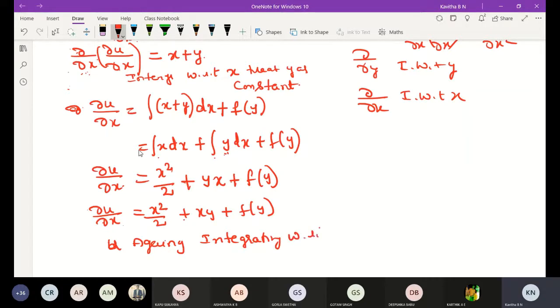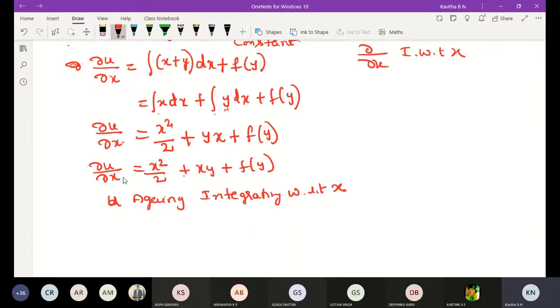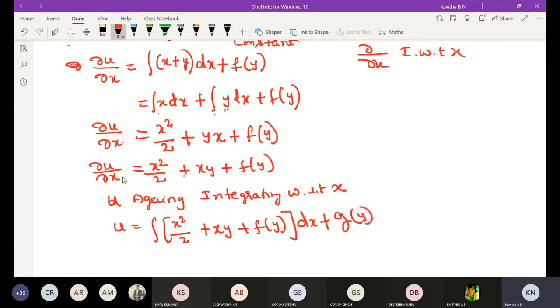Then u is equal to the integration of (x²/2 + xy + f(y)) dx plus, in place of k we have to write g of y. Understood? In place of k we write g of y, since y is a constant term.